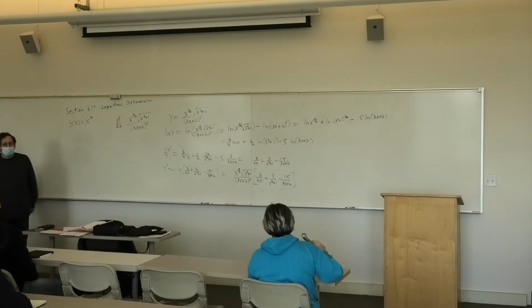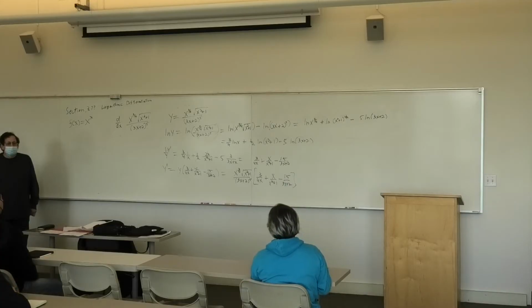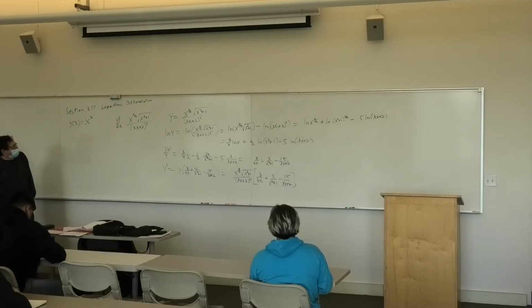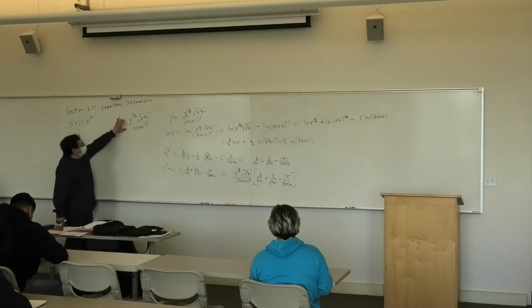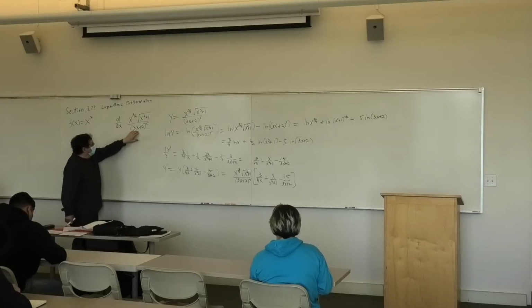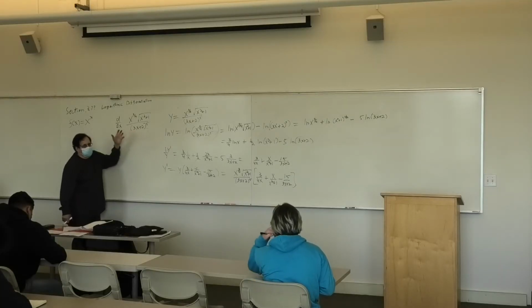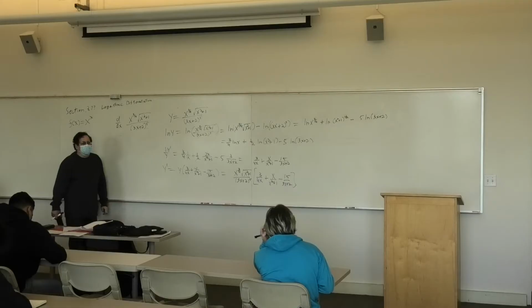Questions about this? We're going to do another one, but a simple one. But again, it's really useful when you have a rational function in x like this. It will also work if we substitute in something like 3 cosine of x. It would still simplify things quite a bit.